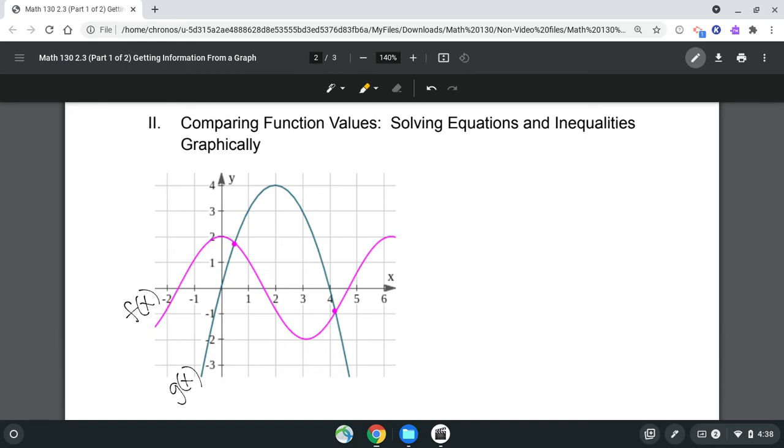Okay, so it turns out this is just a little definition here. So let's put a note here. F of x equals g of x at x values where the graphs intersect.